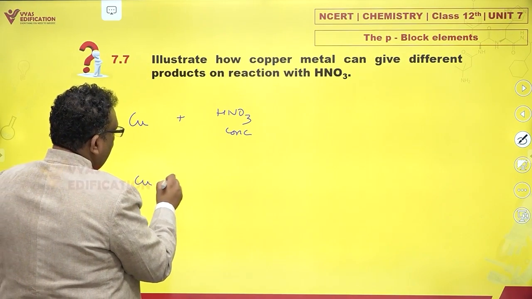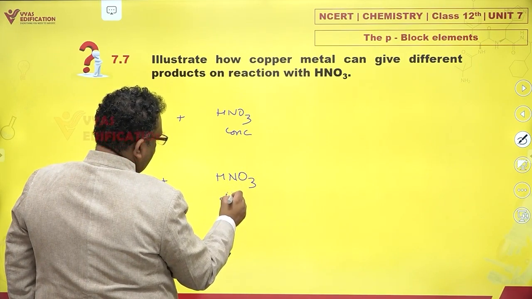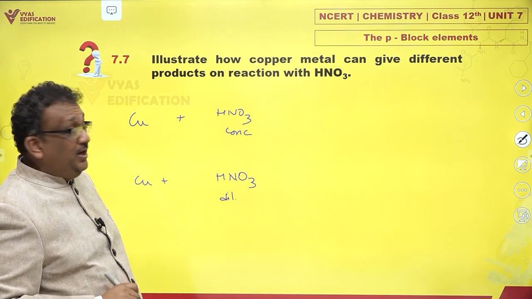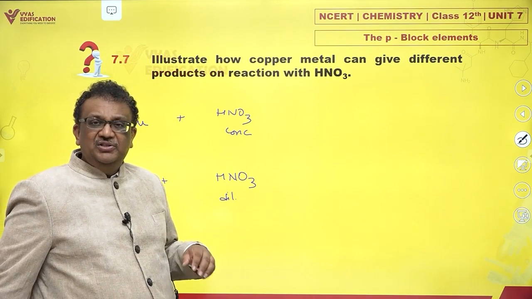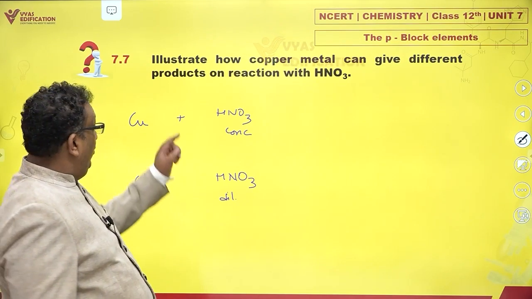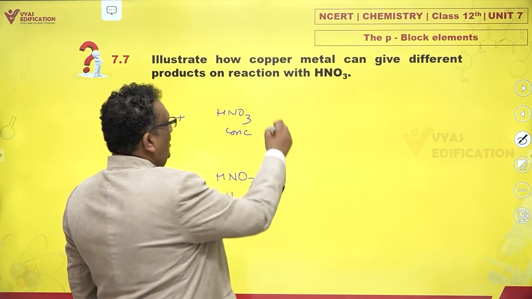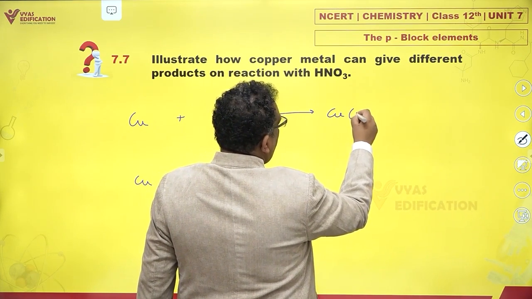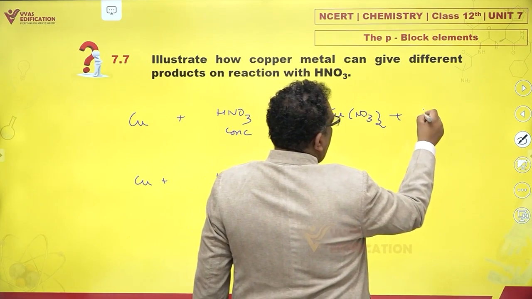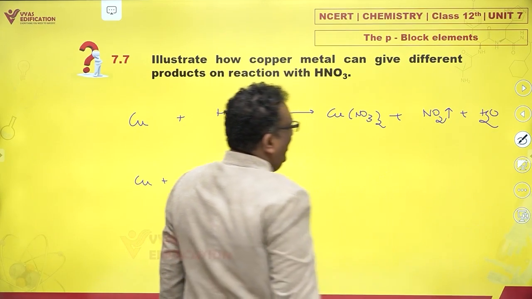And if you have dilute nitric acid, you will have a different product. Why? Concentrated nitric acid reacts with anything usually, if it reacts at all. It will oxidize the other party and get itself reduced. Wow. What do you get? You get copper nitrate and reddish brown NO2 gas, and water is of course at times just free.